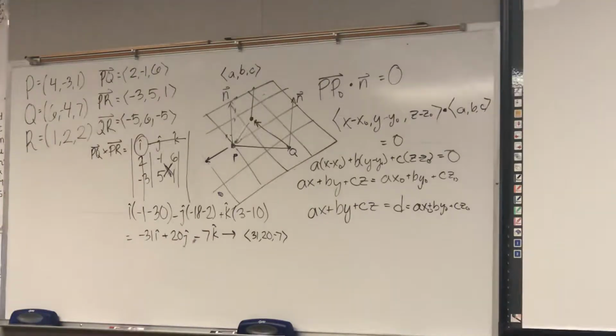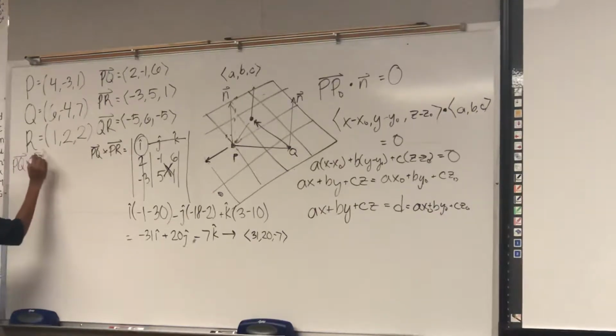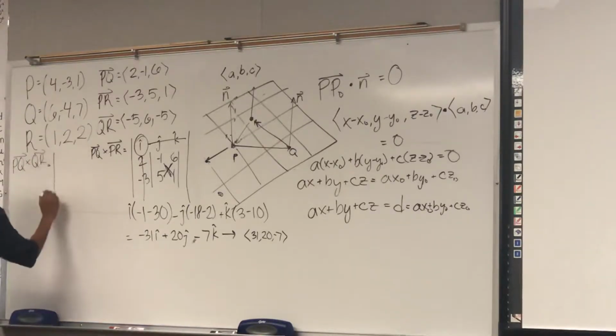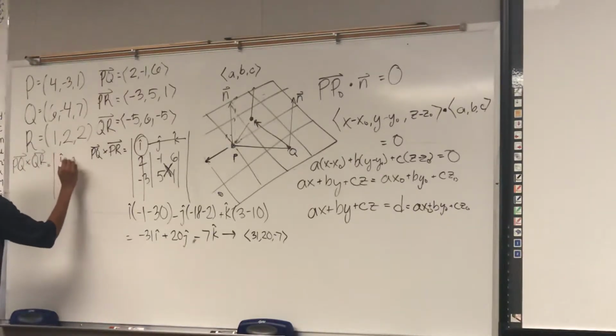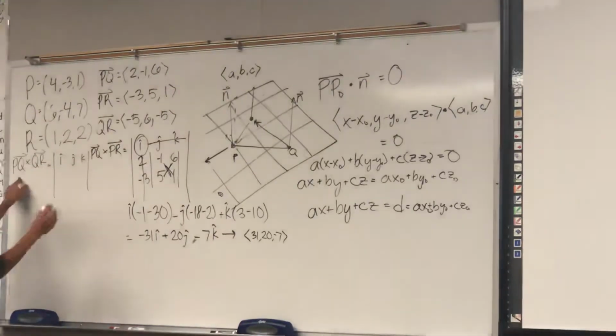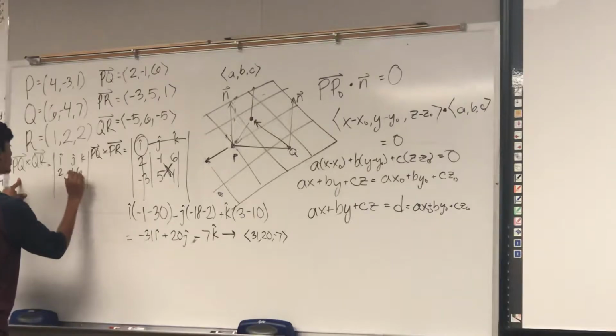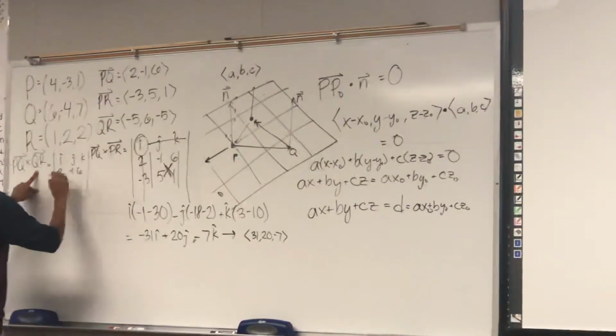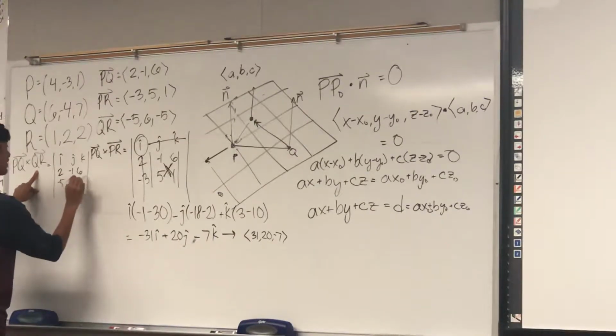Yep. And then for PQ cross with QR, we do the same thing: i, j, k, and then PQ, 2, negative 1, 6, QR, negative 5, 6, negative 5.